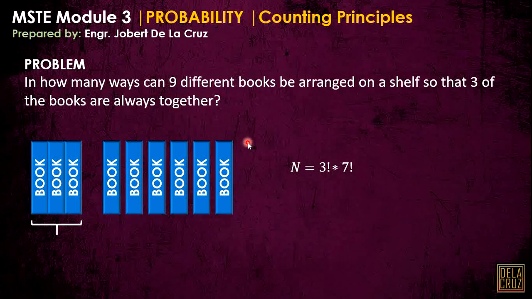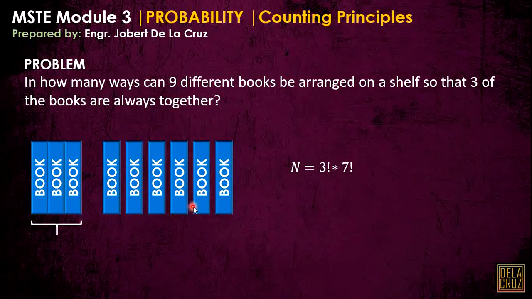Unlike sa problem kanina, if stated lang dito sa problem na to na these books are also grouped or dapat they stand together. So yung solution natin dito magiging 3 factorial, then uunahin natin yung naka-group, okay? 3 factorial, then if this is group times 6 factorial, then times ano pa yung ita-times natin?